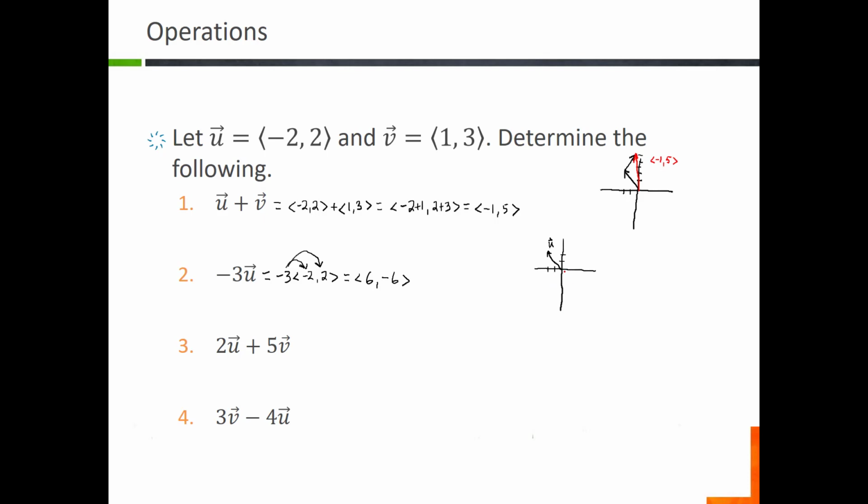And so this is going to go to 6 and negative 6. So that's our vector here. So this is negative 3 times u.